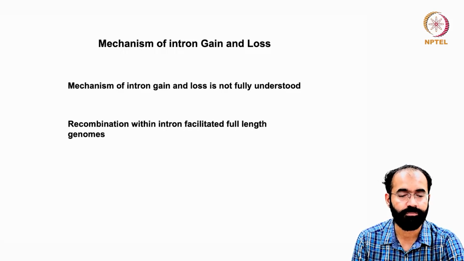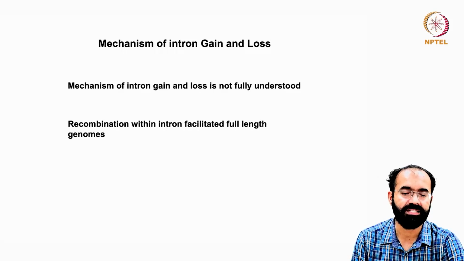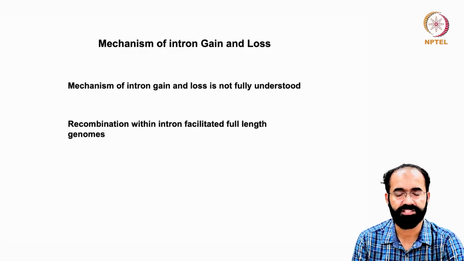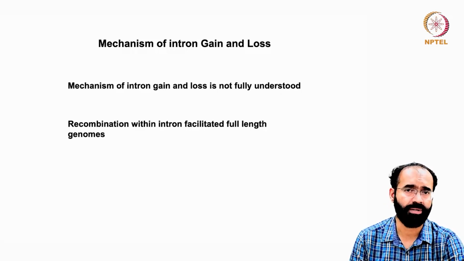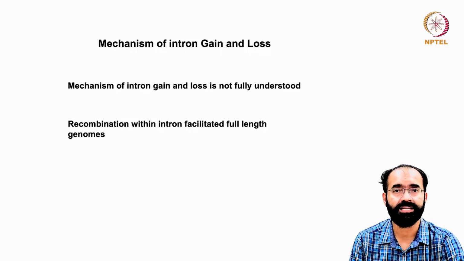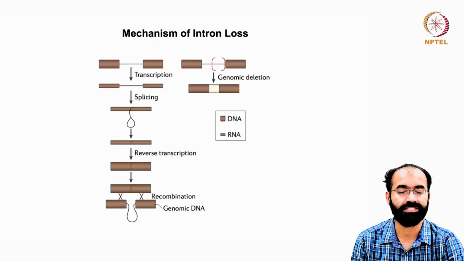We can only speculate. We can assume that recombination within introns facilitated full length genome. We know that the more recombination that is taking place between genes or between DNA fragments, we can say more introns are possible. But how are we going to explain it?